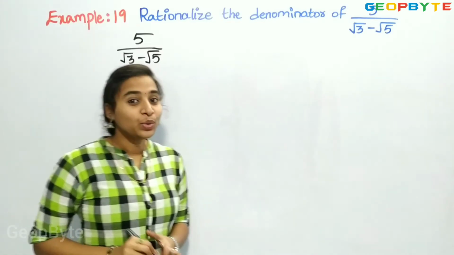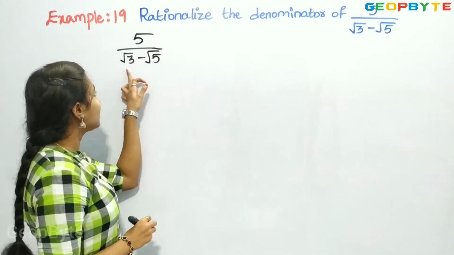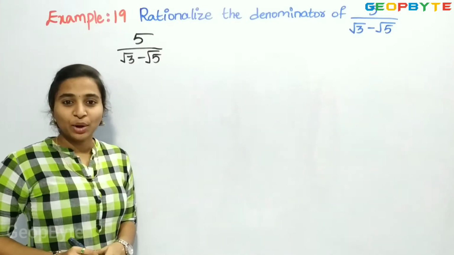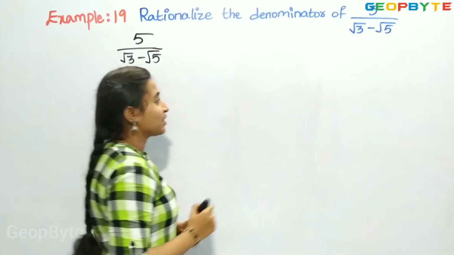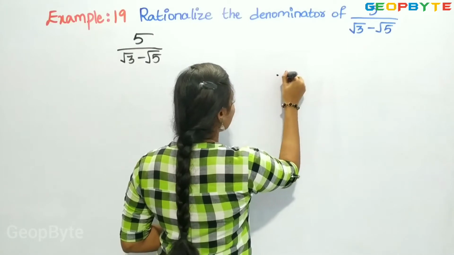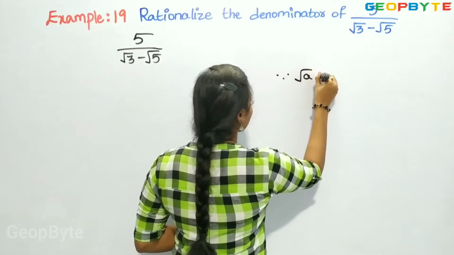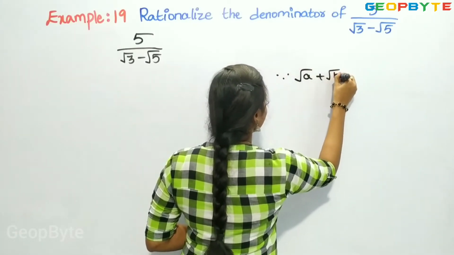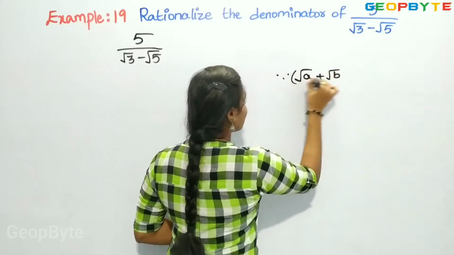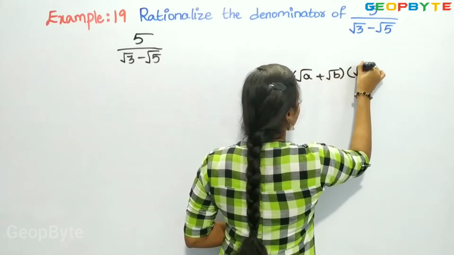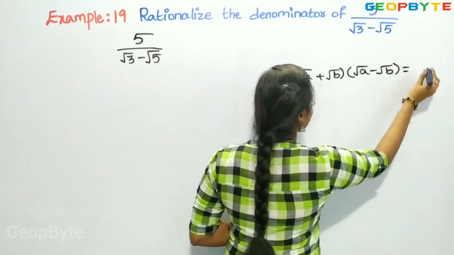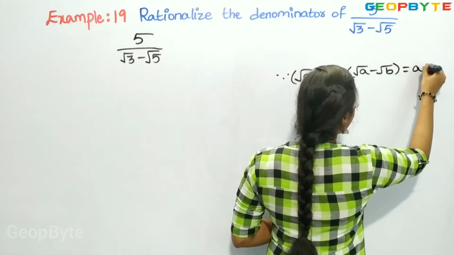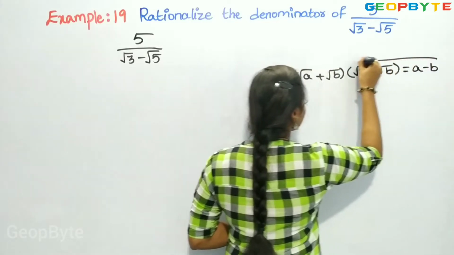We have an irrational number in the denominator. So, by seeing this, we can write the identity: root a plus root b into root a minus root b is equal to a minus b.